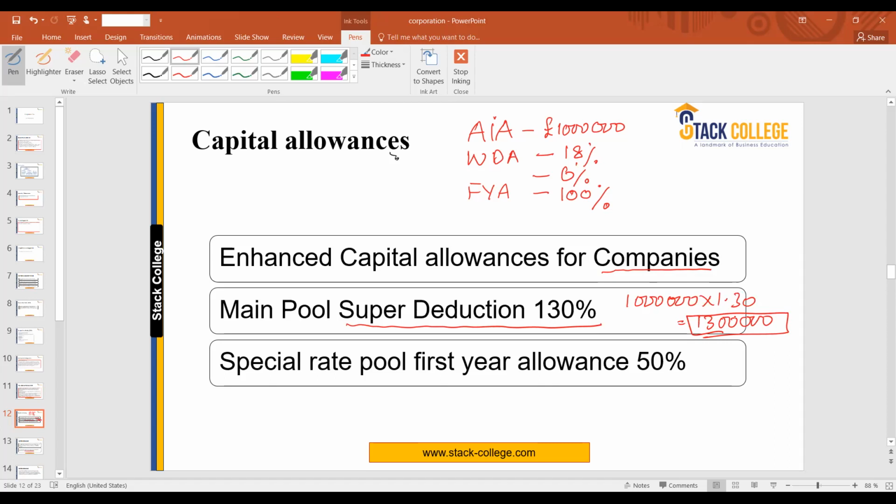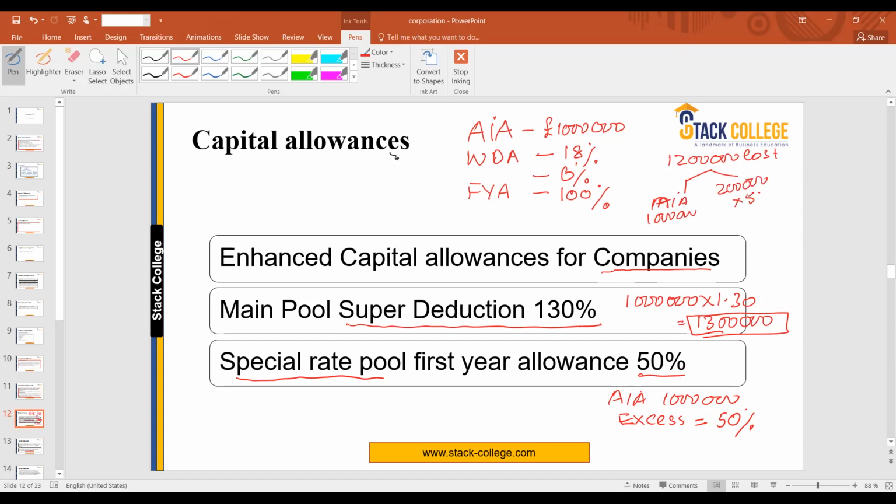So in case of a special pool, if there is any asset purchase, first we will claim AIA up to 1 million. And then on the excess, we have an additional allowance available, that is the special rate pool first year allowance of 50%. So first AIA of 1 million, then 50% on the excess amount. Suppose, for example, we have a special pool item with a cost of 1.2 million. So AIA is 1 million and the excess value is 200,000.